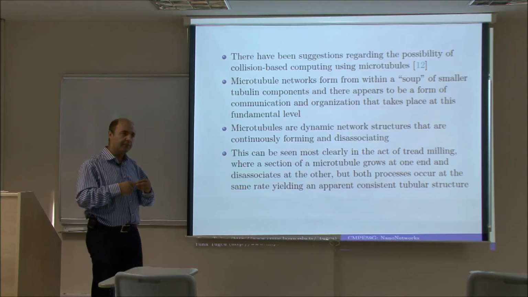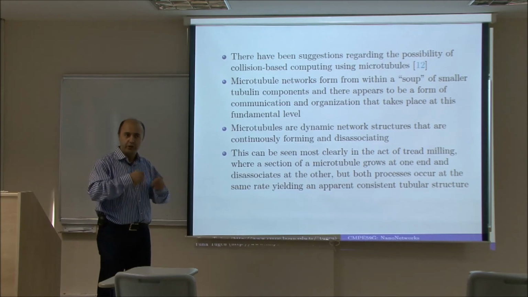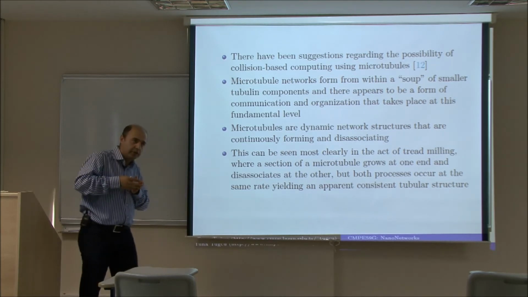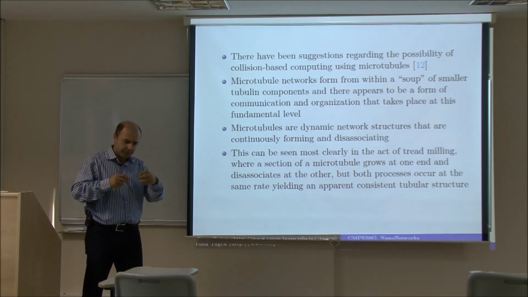Thread milling is actually making ropes using a thread. So you're taking the alpha and beta tubulins together and producing this microtubule, and it goes forward. So this is just like constructing or forming thread out of components.